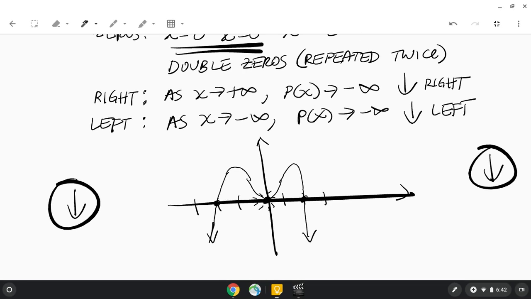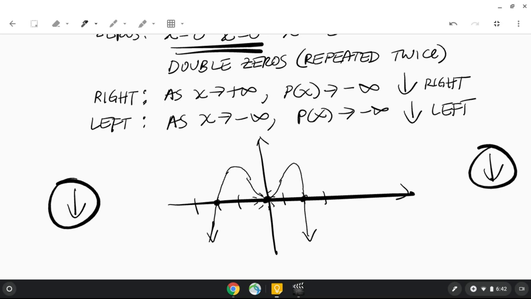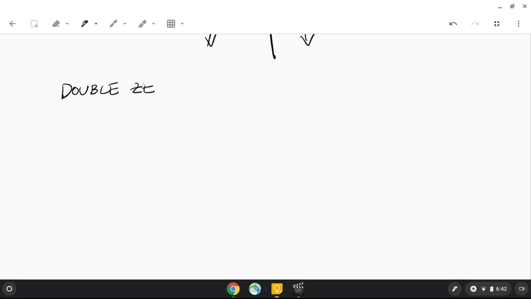Okay, so let's talk about double zeros a little more formally. So we're going to talk about double zeros and triple zeros.